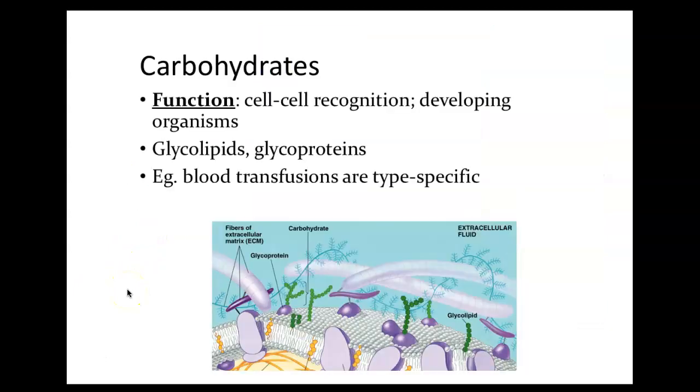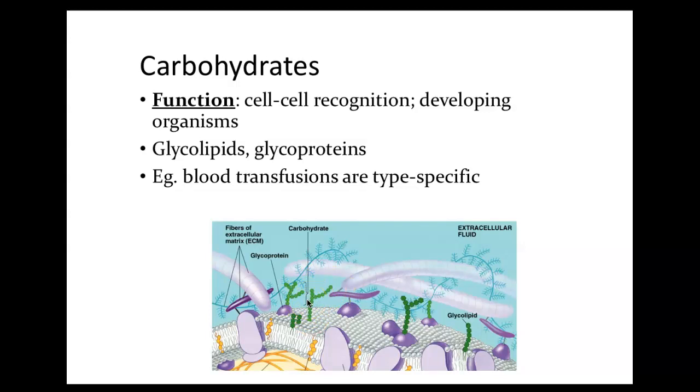Super interesting. All right, the carbohydrates, the function of the carbohydrates on the cell membrane are for cell-to-cell recognition. So remember when we did our blood typing and we talked about the different blood types and how if you have someone with an A blood type who gets an infusion of B, those B blood cells that they get in their infusion are going to have these certain carbohydrate chains that A blood type person's body is not going to recognize.